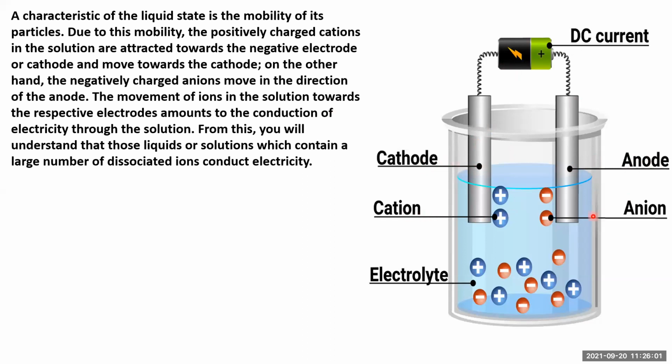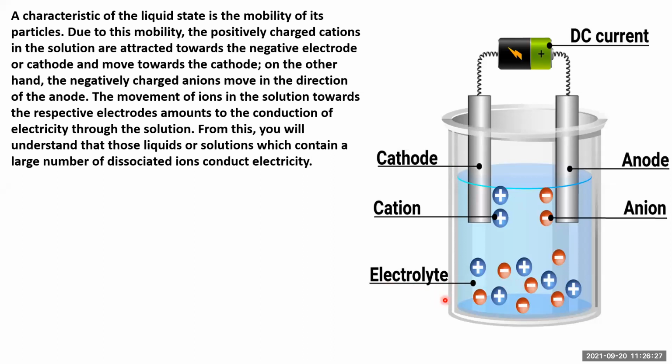The negative ions are called anions. The liquid we use to carry the current in the solution is called the electrolyte. Whatever liquid we are using to pass the current through the solution is called the electrolyte.